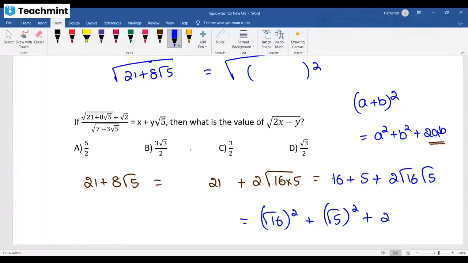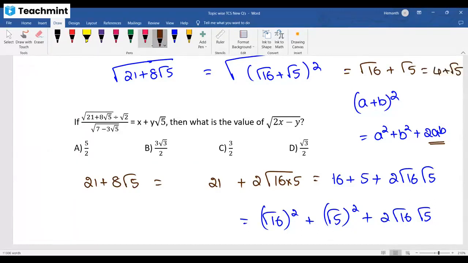This is 2ab. You need to bring it into the a square plus b square plus 2ab format. Now this can be written as root 16 plus root 5 whole square, means that entire term is now root 16 plus root 5, which is 4 plus root 5 we can call. This entire term is simplified as 4 plus root 5.